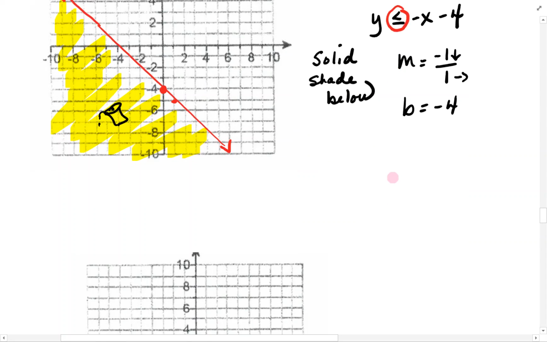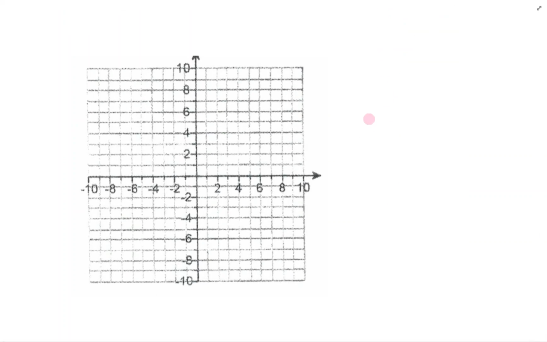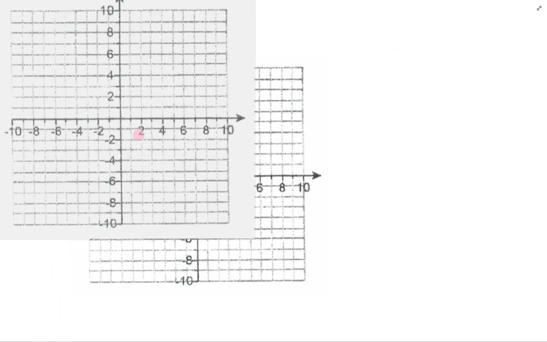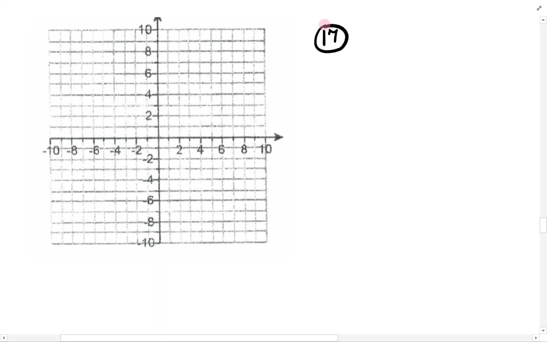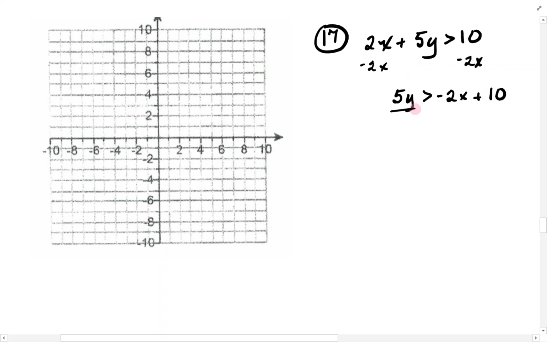Number 17. I am supposed to graph 2x plus 5y is greater than 10. Once again, I prefer slope-intercept. So I'm going to subtract 2x. I have 5y is greater than -2x plus 10. I'm going to divide everything by 5.